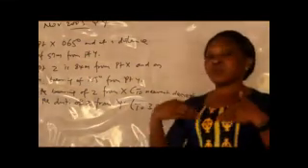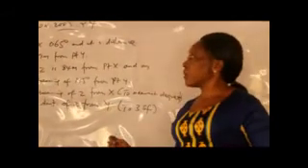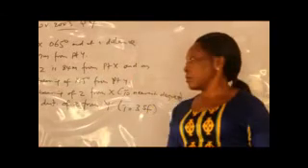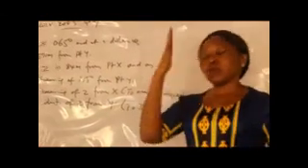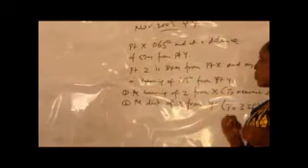Now, once you are given this type of question, the next thing is to draw the diagram. Draw the diagram to help you to know what you are to find. Now, let us draw the diagram. Where did the movement start?